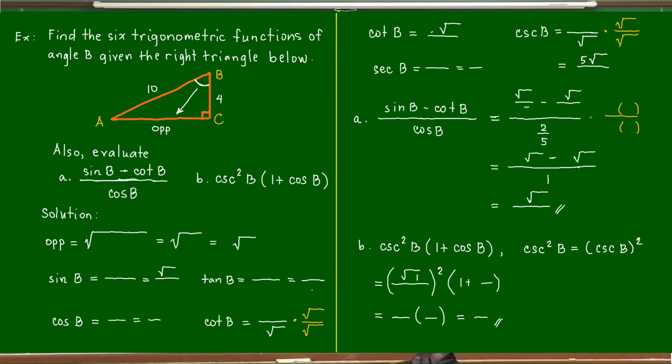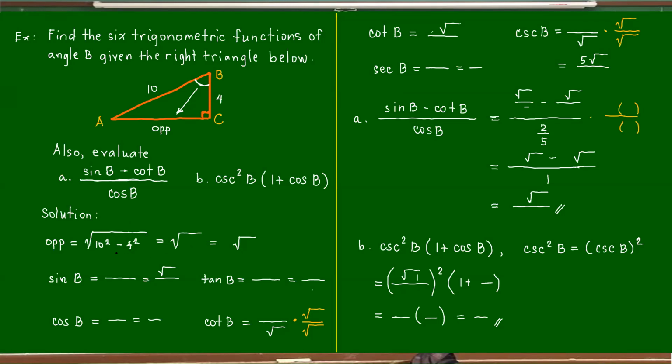So let's begin by computing the opposite side. What's the hypotenuse, guys? It is 10. So the opposite side is the square root of 10 squared minus 4 squared, that is hypotenuse squared minus one leg squared.